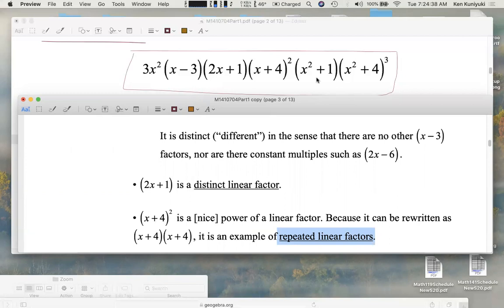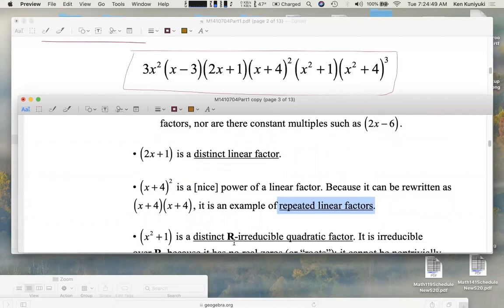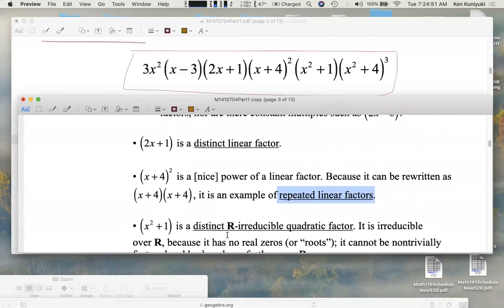x squared plus 1. That's not linear, and we cannot factor it further over the reals. It's prime. So we're going to call x squared plus 1 a distinct R irreducible quadratic factor. Or in other words, it's a distinct quadratic factor that's prime over the reals.